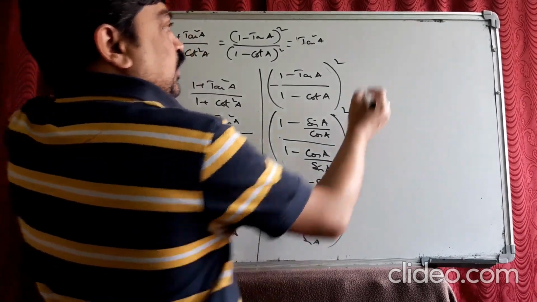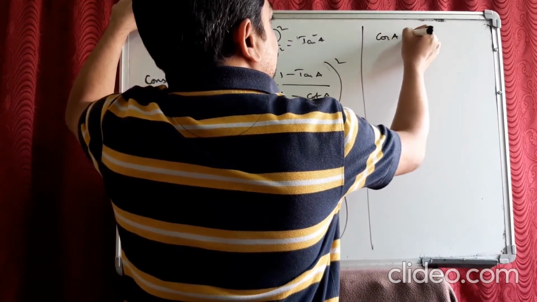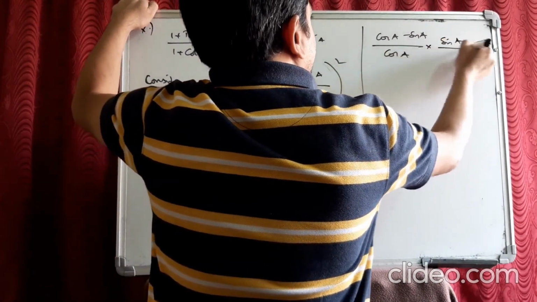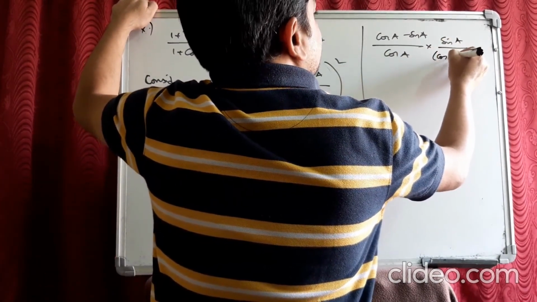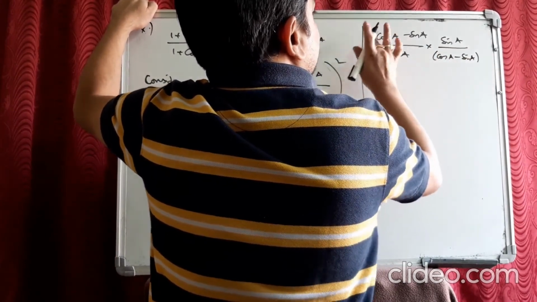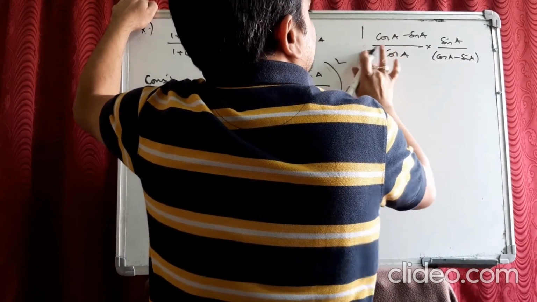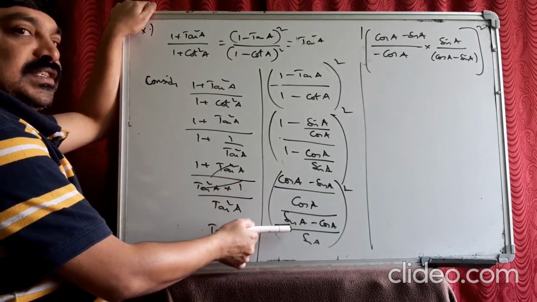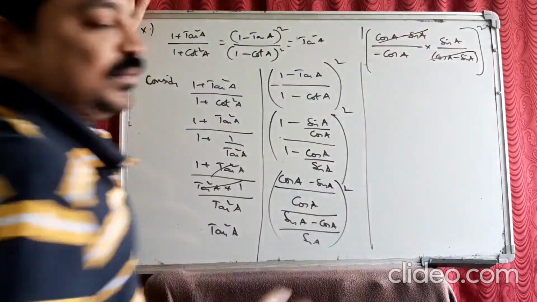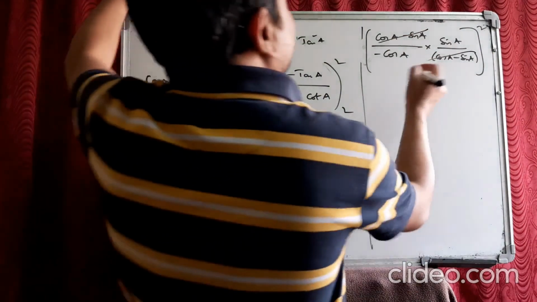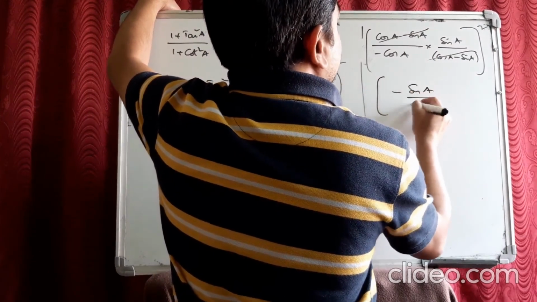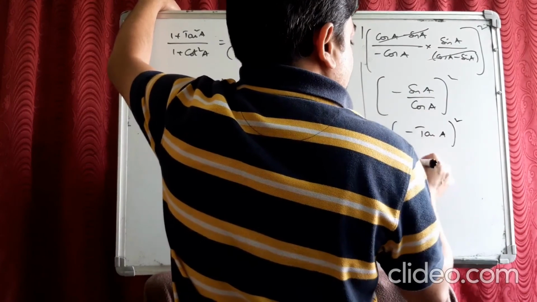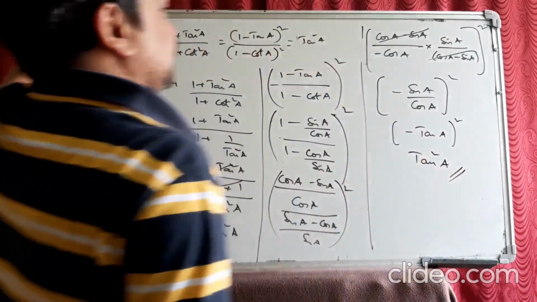Now you can write this as cos A minus sin A by cos A into sin A by cos A minus sin A, with the minus outside. You can write this minus here with the whole square, because it is sin A minus cos A. You can cancel these two and it becomes minus sin A by cos A whole square. It becomes minus tan A whole square. Minus square becomes plus only. The answer is tan square A.